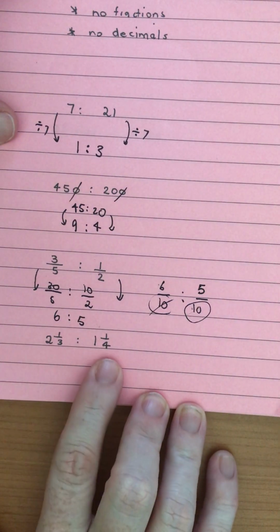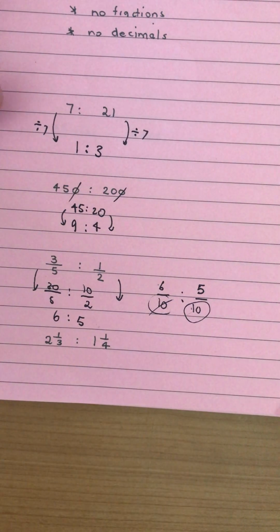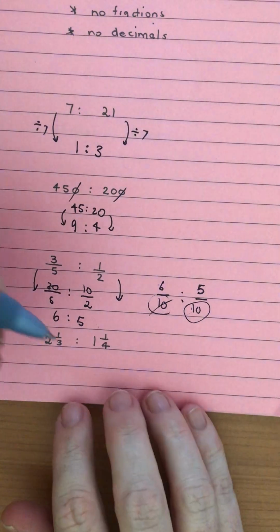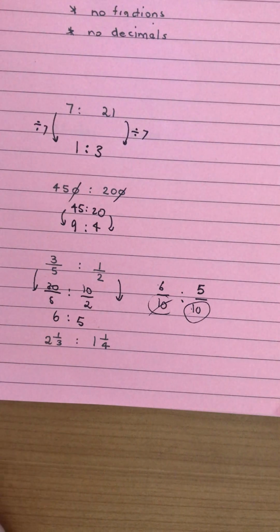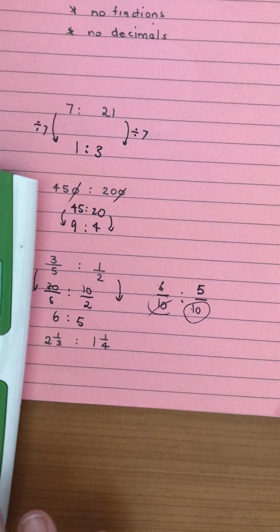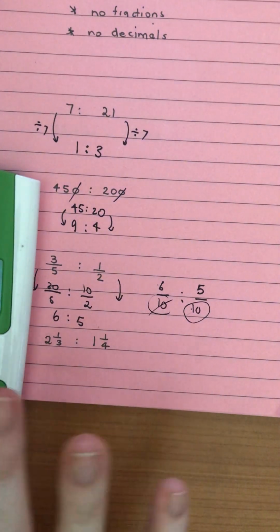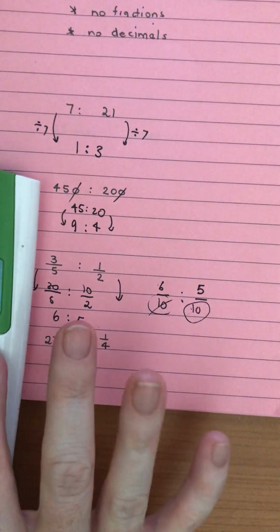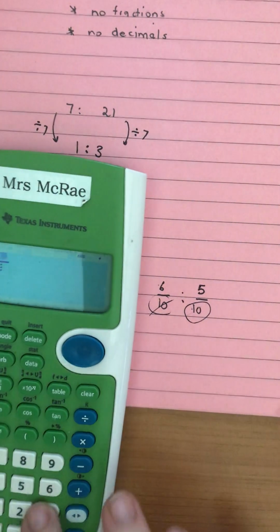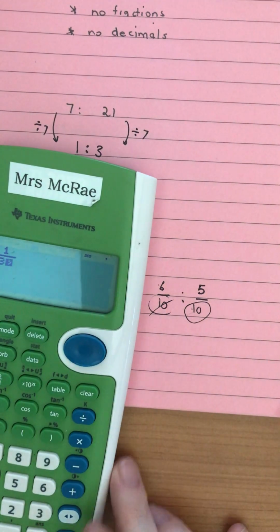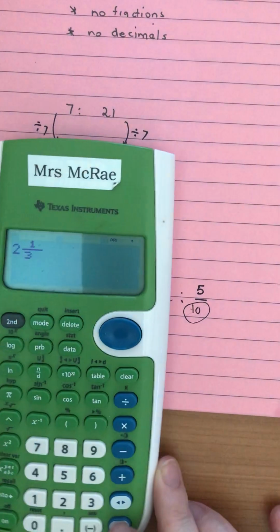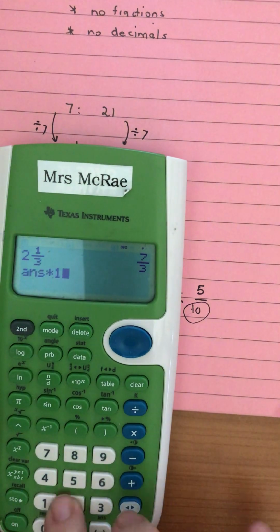So looking at the 2 1/3 and 1 1/4, their lowest common multiple is 12. So this might be one where you even want to do these on your calculator and go 2 and 1 on 3 was my first fraction, and I want to multiply that by 12.